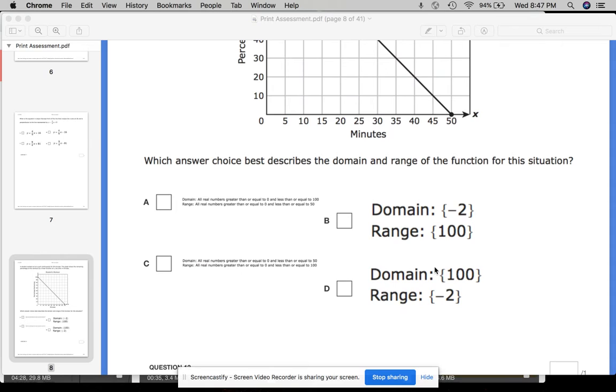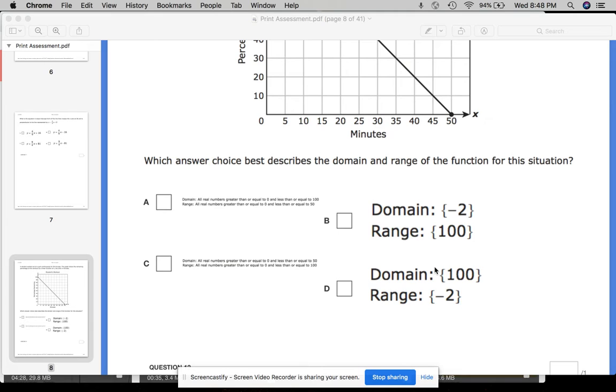A, domain, all real numbers greater than or equal to 0 and less than or equal to 100. Range, all real numbers greater than or equal to 0 and less than or equal to 50. B, domain, {-2}. Range, {100}.